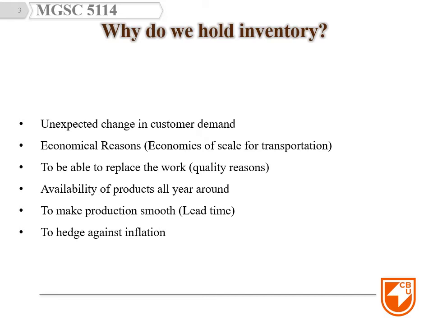The second reason is economic reasons. There are so many examples. One of them is economies of scale for transportation. For example, we are buying items in batches, for example, in batches of 12, so a dozen of them. In this case, we don't have any option to reduce the orders because they are coming as batches. So that's one reason.